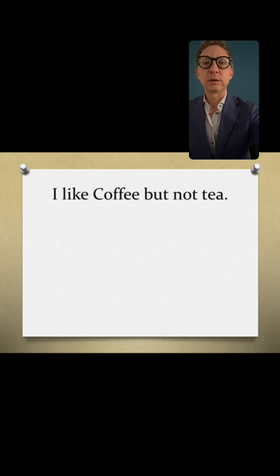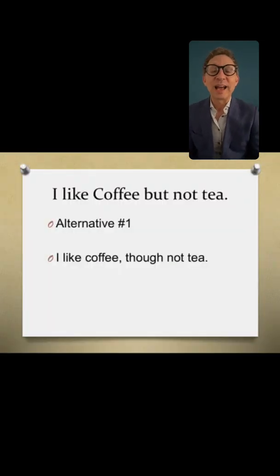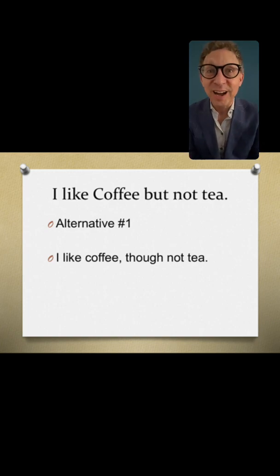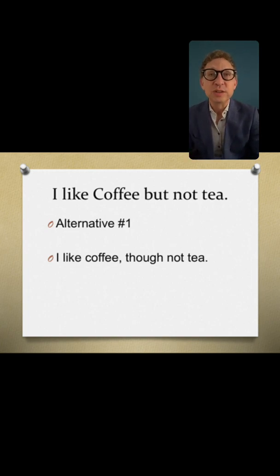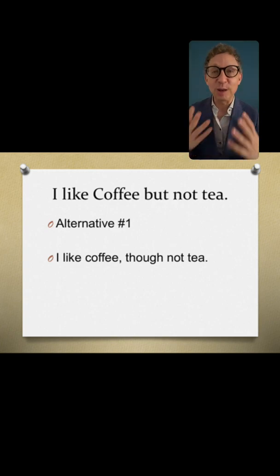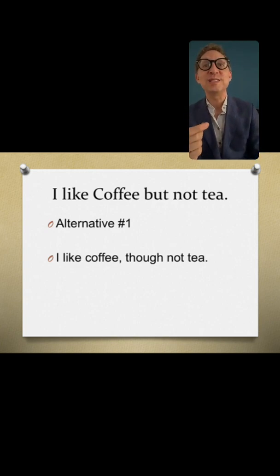So let's take a look at the next one. Now we're going to use variations of the word but because a lot of us know how to use but. We're familiar with its use. I like this, but not that. So I'm going to show you some alternative ways to use the word but.